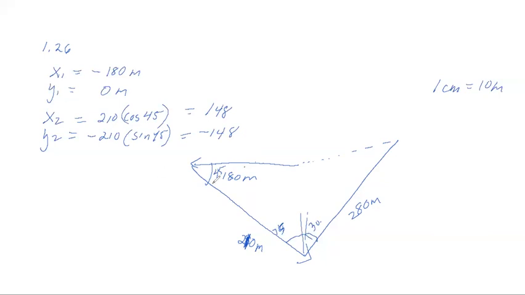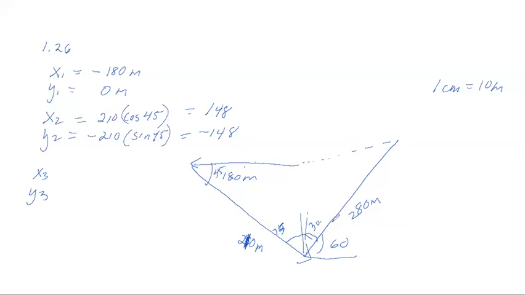And then finally, our third guy, it's going to be in the first quadrant. So we're going to have x3, y3. And I'm going to go ahead and use this angle, 60. That way I can write it in terms of cos and sine of 60. This way I'd have to do cos of 30 for the y component, right?